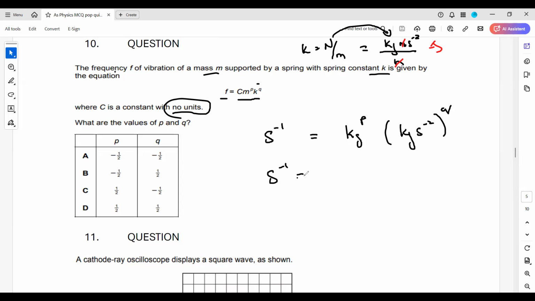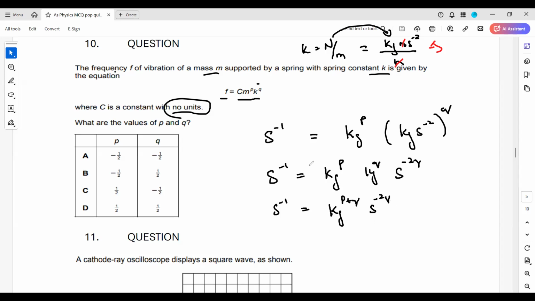Now we simplify. Second to the power minus 1 equals kg raised to power P, kg raised to power Q, and second raised to power minus 2Q. If I further simplify, second to the power minus 1 equals kg to the power P plus Q, and second raised to power minus 2Q.